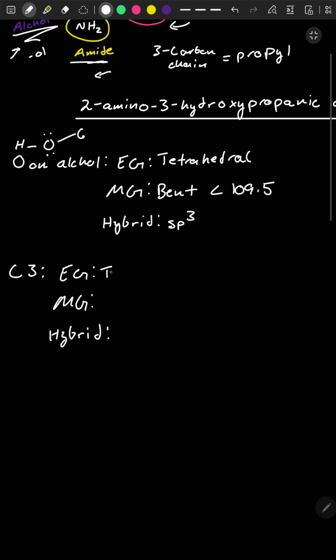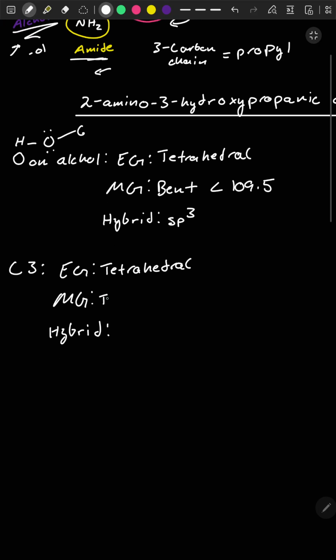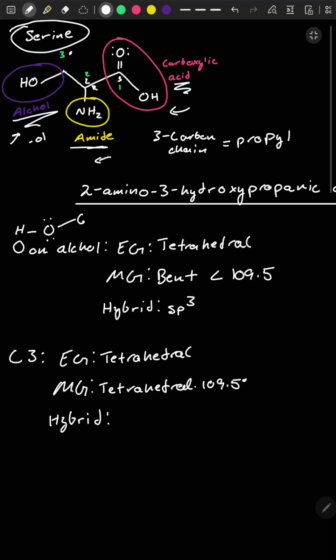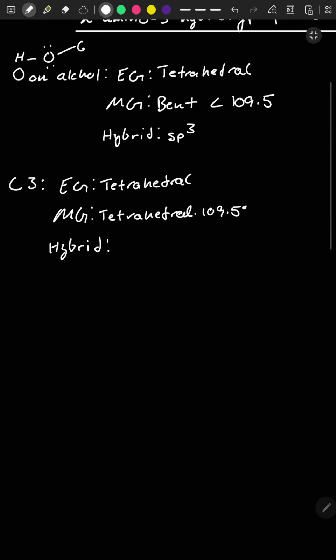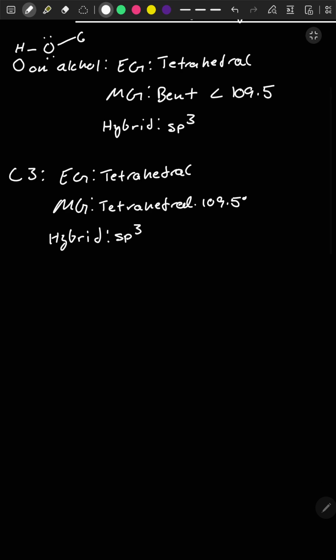So it will be tetrahedral as well, and it's going to continue to be tetrahedral, 109.5, because it just has all bonds. It doesn't have any lone pairs. And our hybridization is going to be the same as the one before, sp3.